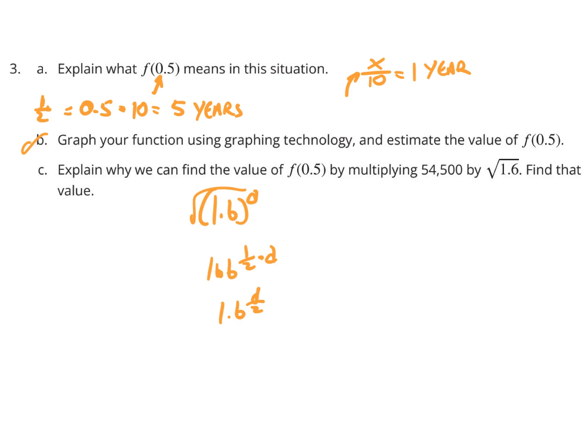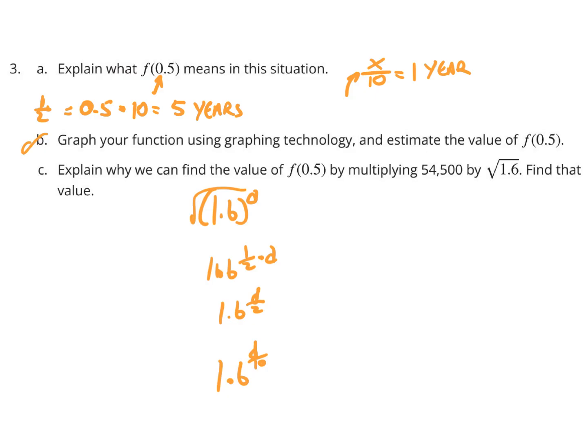But we don't want that. We're going to use 1 year. So we're going to use 1.6 to the d over 10, so we can calculate any 1 year, because they're not just going to ask us what this is at 5 years.